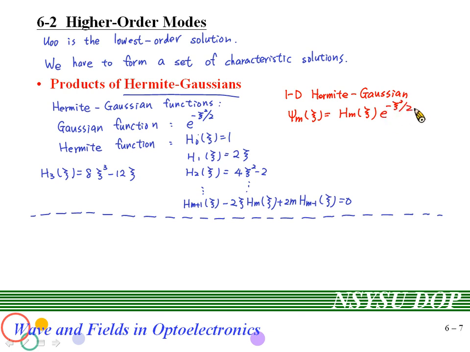So clearly, the Hermite-Gaussian function is formed by multiplying the Hermite function with the Gaussian function. And for 2D Hermite-Gaussian, it will have the form like this. It is the multiplication of two 1D Hermite-Gaussians.